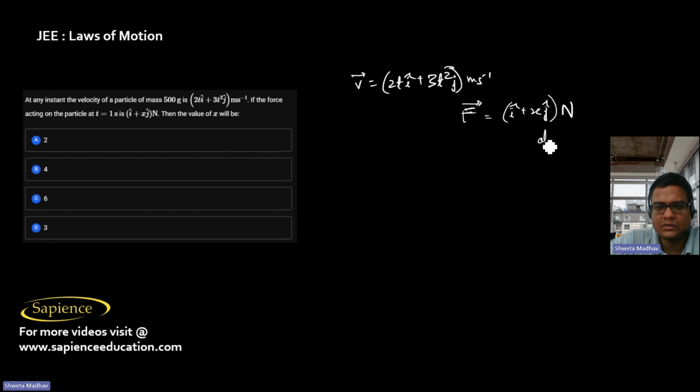Then the value of x will be asked. The mass is 500 gram, that is 0.5 kg.